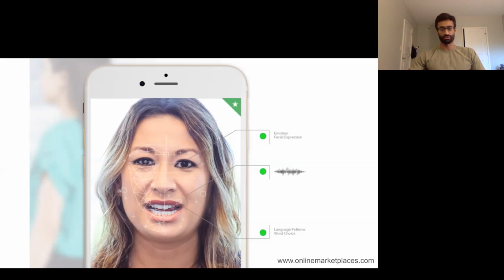So what this example looks like is a candidate will record a video in response to some interview questions, and based on attributes of that video, including their expressed emotions and their facial expression, the tone and cadence of their speech, and also, as you see, their language patterns and their choice of words, all of these get turned into signals that are run through some machine learning algorithm and are used to predict hiring outcomes, and used to make decisions actually of, should I interview this person in person or not?